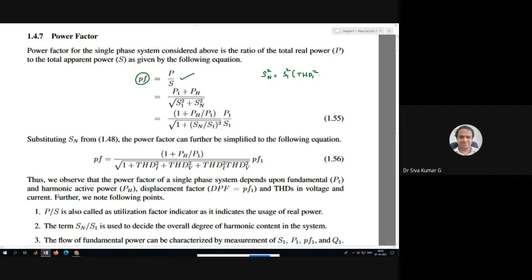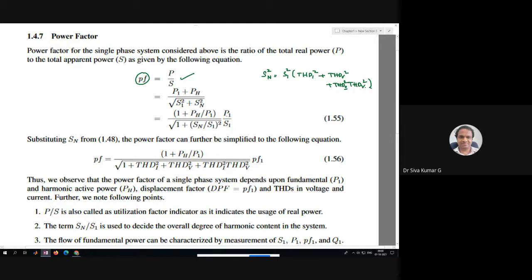Here we can take P1 common in PH by P1, and take S1 common over here.